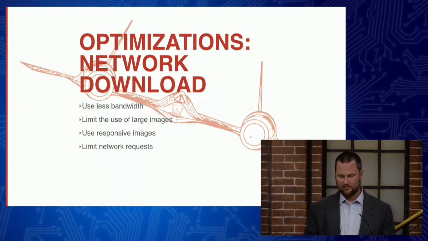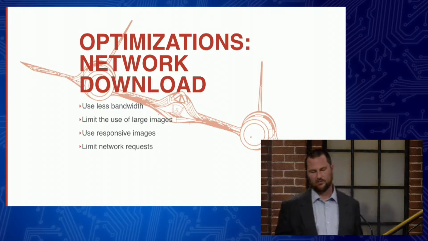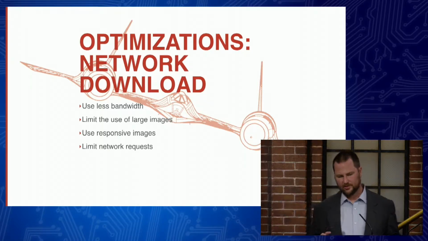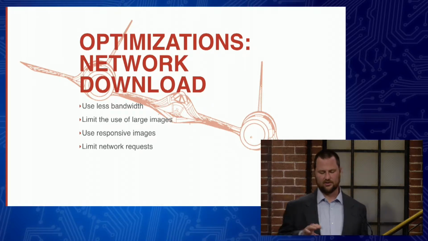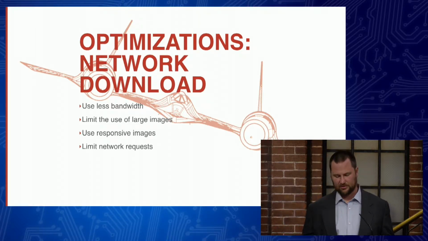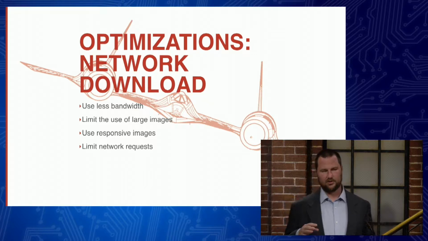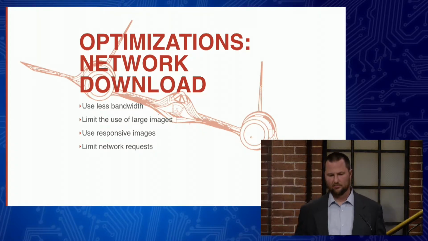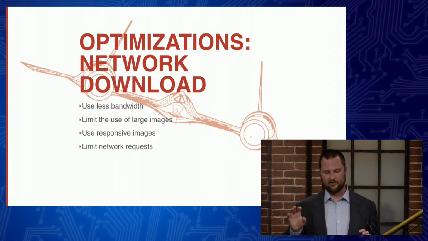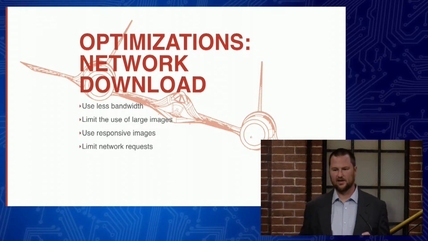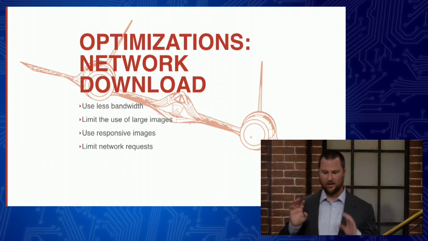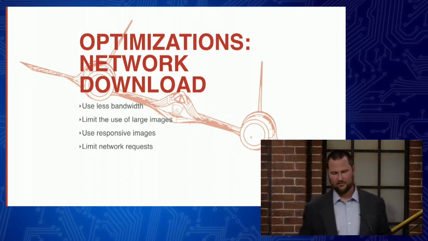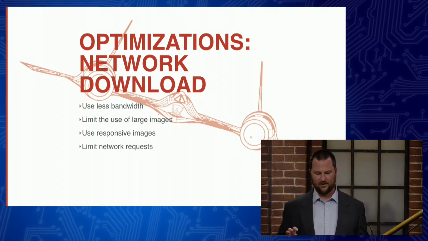You want to limit your network requests. Traditionally, when browsers are using HTTP1, and we'll talk about the difference between HTTP1 and HTTP2 and what that means, they have to reach up to the server for every asset they download, and do what's called a TCP handshake, which is basically like, hey, hey, hey, for every single asset that's up there.